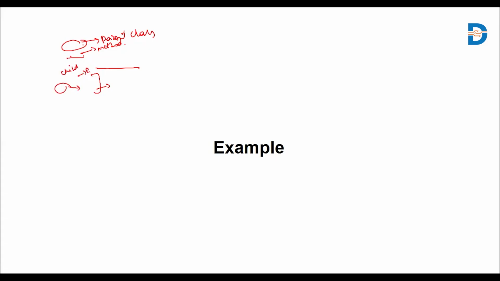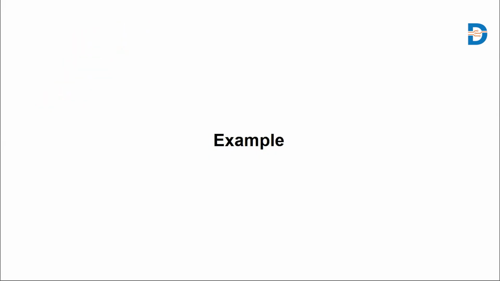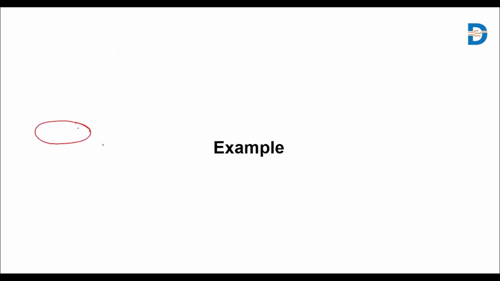Now I will call this dog. I'm creating an object of dog. The dog doesn't have its own speak method, so it automatically uses the speak method from its parent class. If I run this code, you can see in the output it is printing animal speaks.